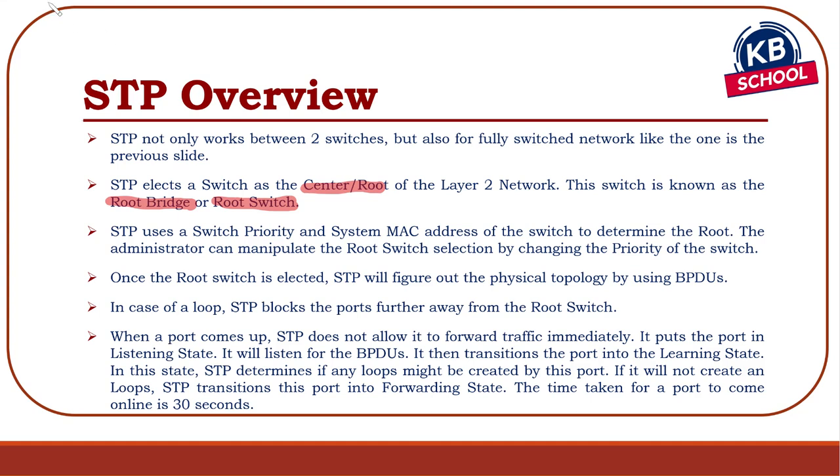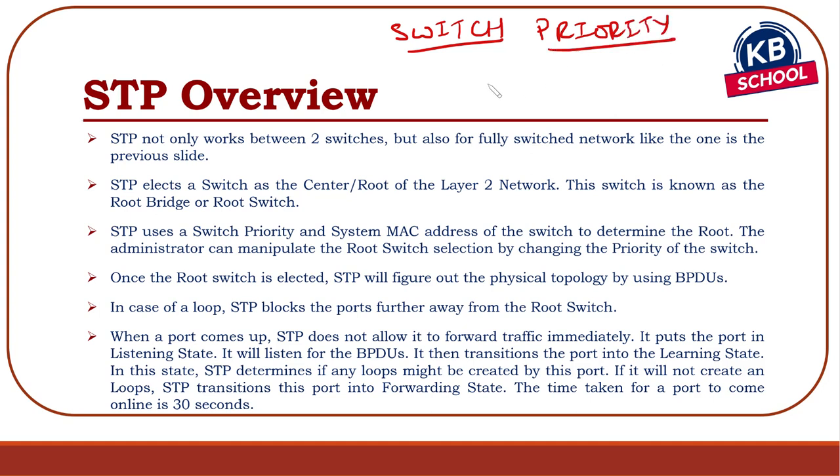As I said, it is done based on the switch priority. Every switch has a switch priority assigned. Just like the port had a port priority, the switch priority is a number. It is 32768 by default. The range is 1 through 65,535. It's a 16-bit number.